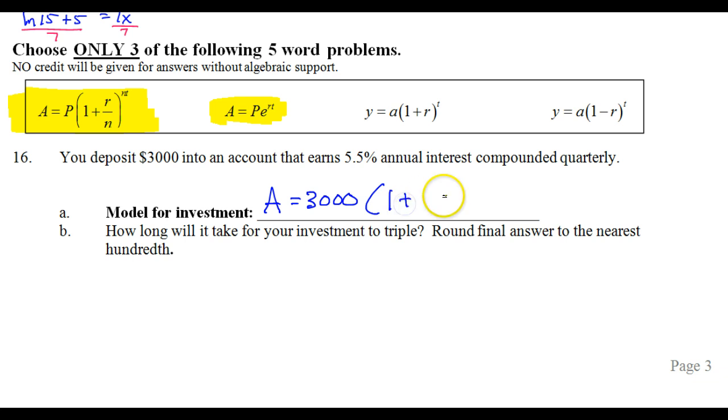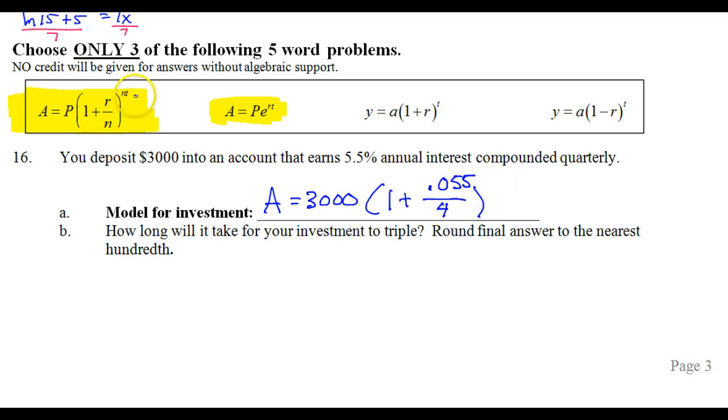So 1 plus R. R is the rate written as a decimal, not a percent. So if I move this decimal 2 times to the left, it's going to become 0.055. Okay, so that's my rate. That's R. Now N is the number of times a year that you are compounding. So if you compound quarterly, that means 4 times a year. So N is 4.